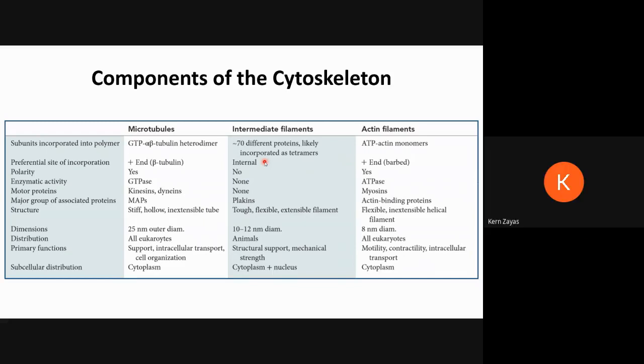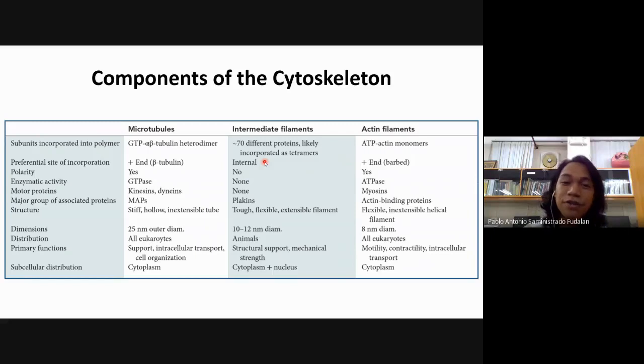Their structure, sir, as seen from the illustration a while ago, the microtubule is a stiff, hollow, inextensible tube because it's where the motor protein has a pathway, and actin filaments, as seen in the epithelial cell, are flexible.